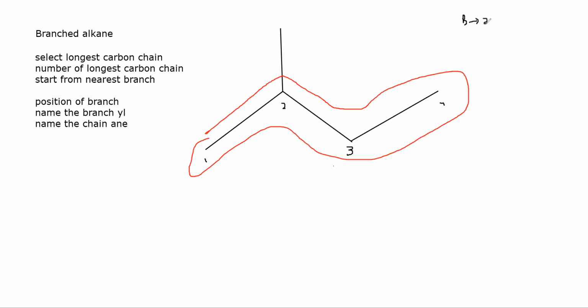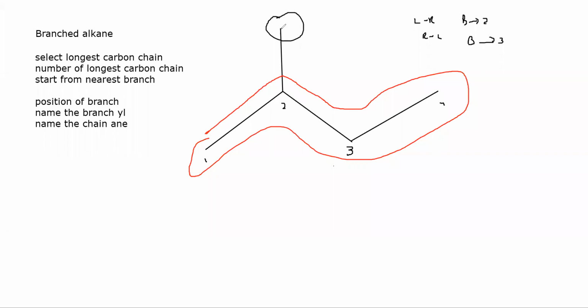So which numbering should I follow, left to right or right to left? Because only one way we can follow. So it is from left to right, because the branch is coming at 2. And this one is a branch.